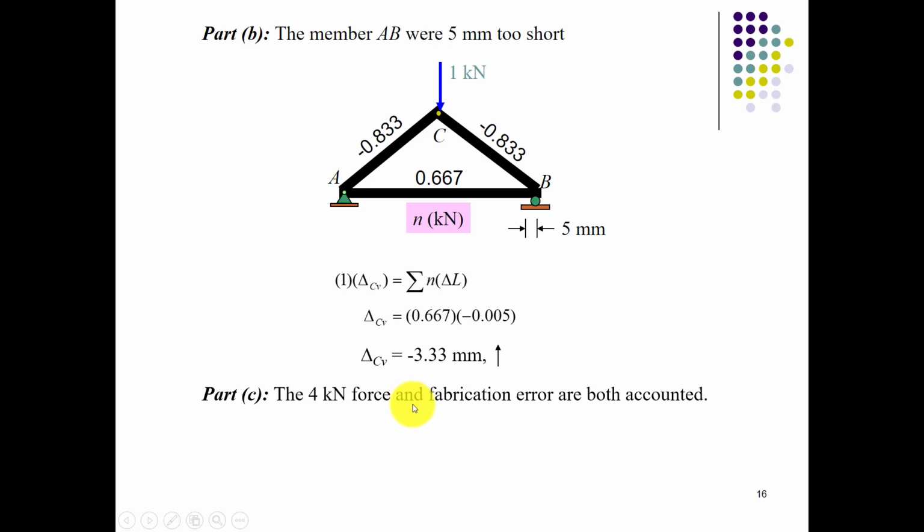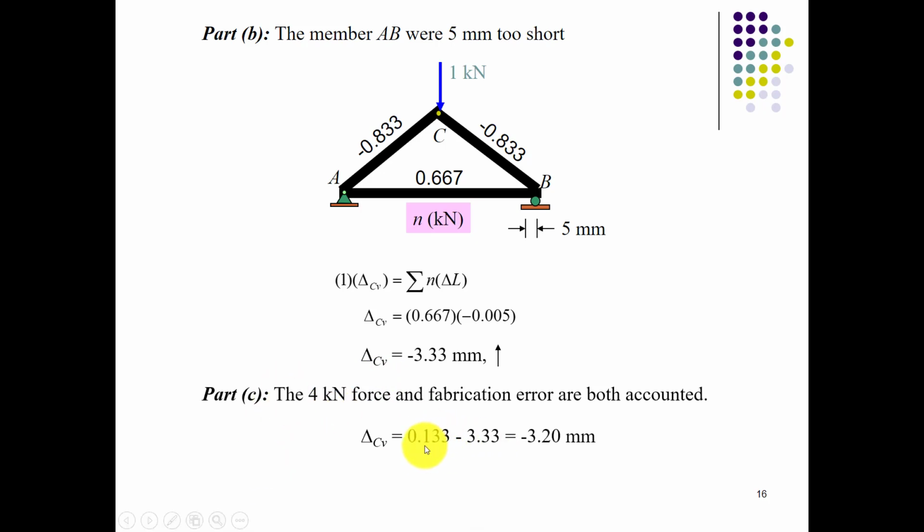So if we cumulate the effect of a fabrication error and externally applied force, then it would be 0.133 minus 3.33.